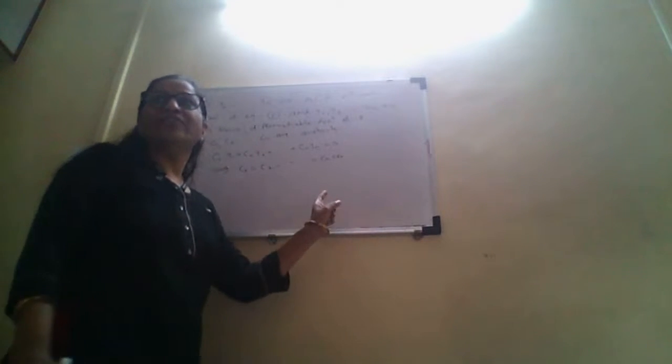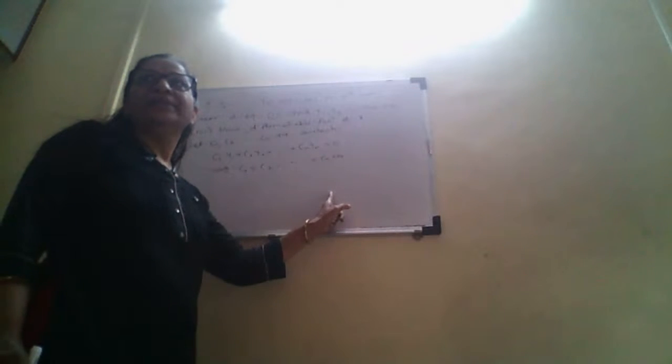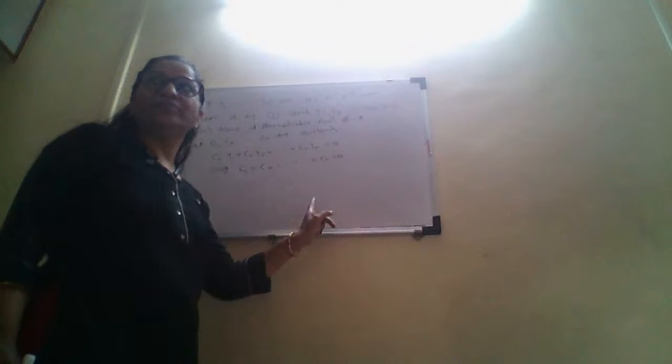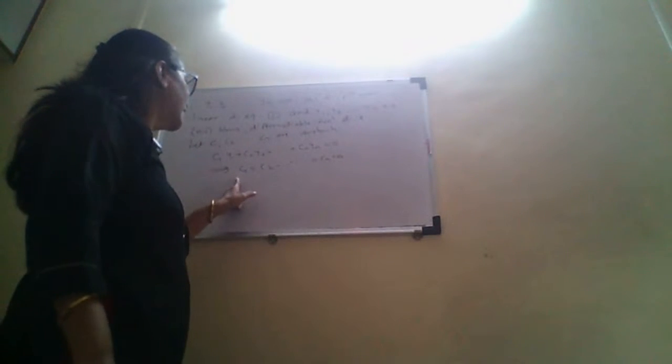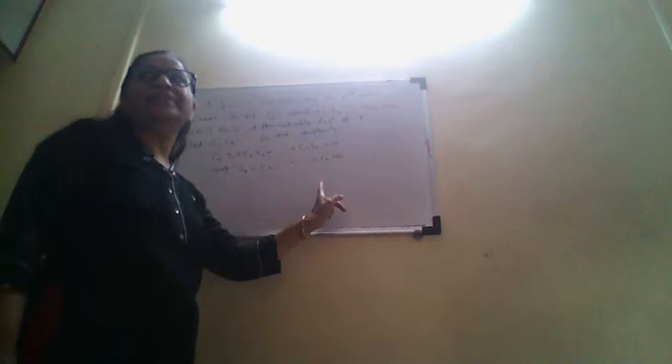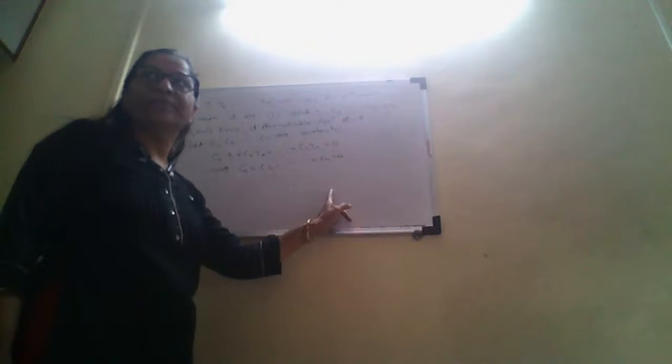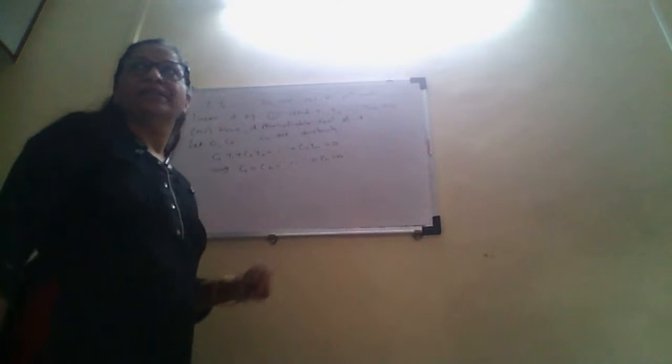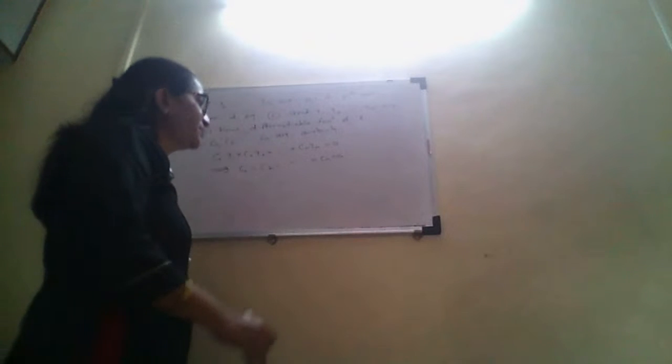Then we say that all these y1, y2 up to yn are linearly independent solutions. Now, if one of the Ci is non-zero, in that case we say that all these solutions are linearly dependent. Okay. Any example? We take a simple example.